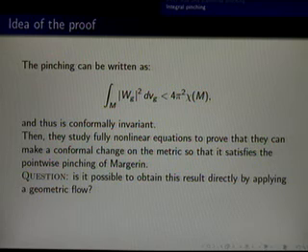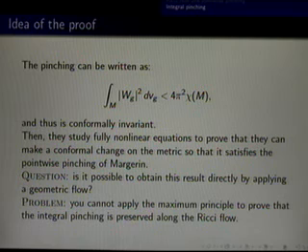So the question that I will ask is, is it possible to obtain the same kind of result that I stated in the beginning? That means that if you have your integral pinching, then you apply a geometric flow. The flow will exist for all time and converge as t goes to infinity to a metric of positive constant curvature. So one of the problems that will appear is that you cannot apply the maximum principle to show that your integral pinching will be preserved along the Ricci flow.